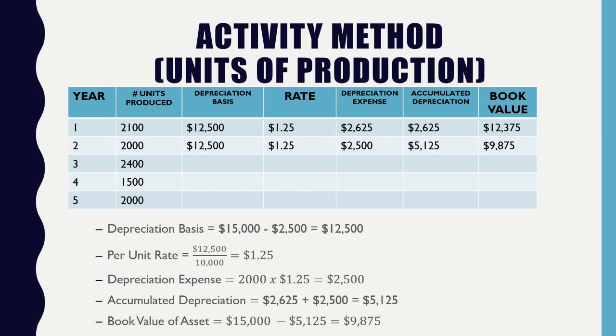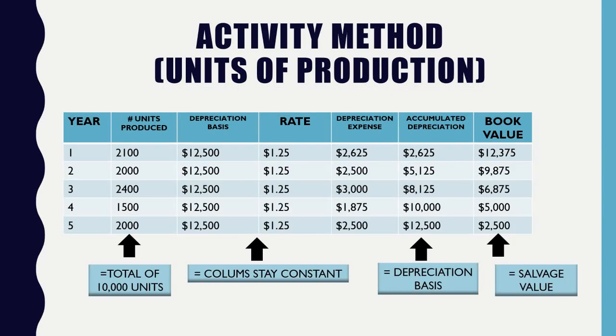So that is it. What you're going to notice is that your total number of units produced every single year is going to differ. However, your depreciation basis and your per unit rate are going to be constant.